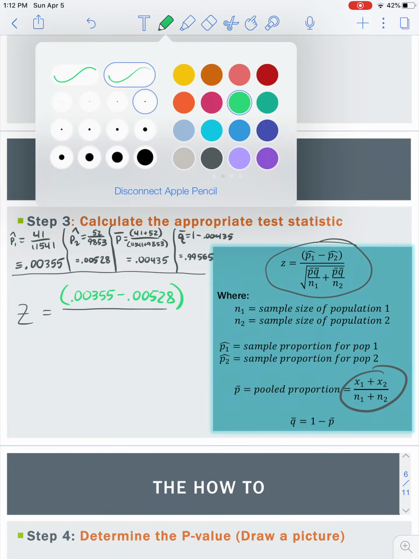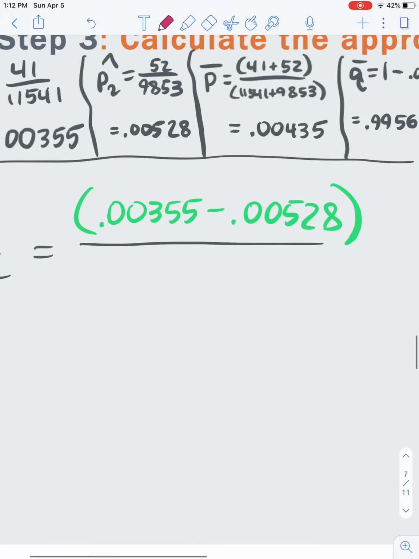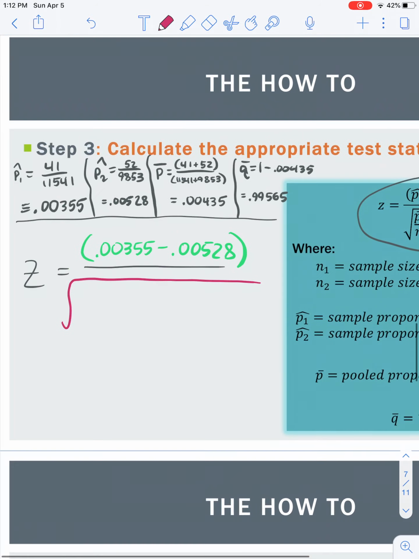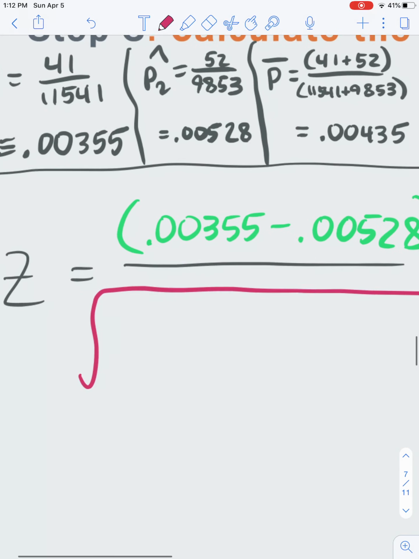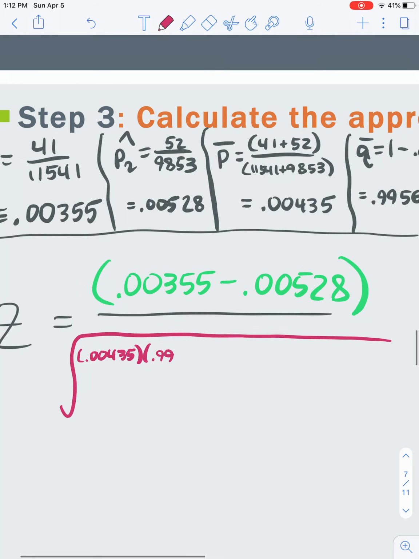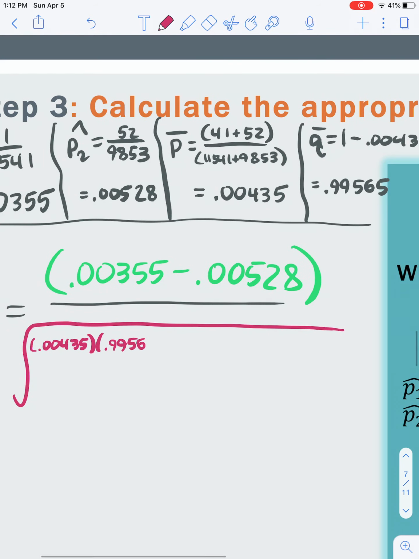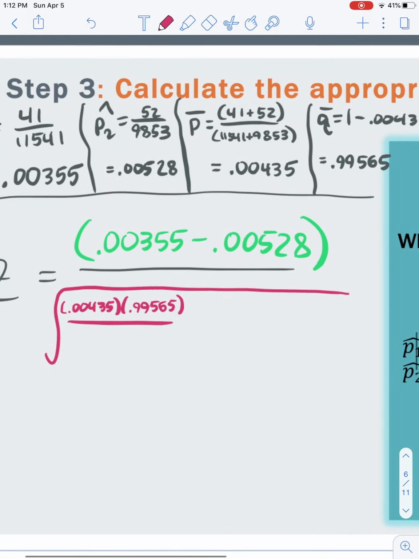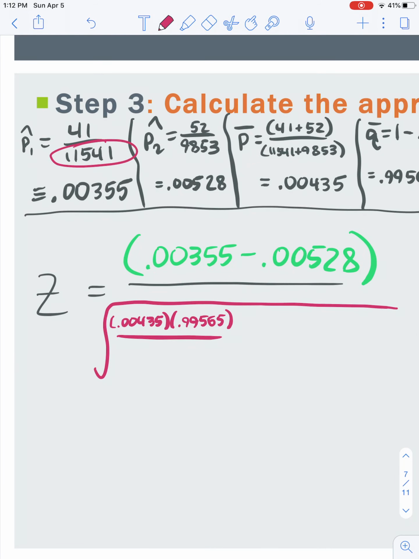And now we're going to go to the bottom, and we're going to have a big square root. This is going to be a little crammed, so let's be careful here. We're going to have p bar q bar, which is 0.00435 times 0.99565 divided by n1, which n1 is the bottom of p1 hat, so 11,541.